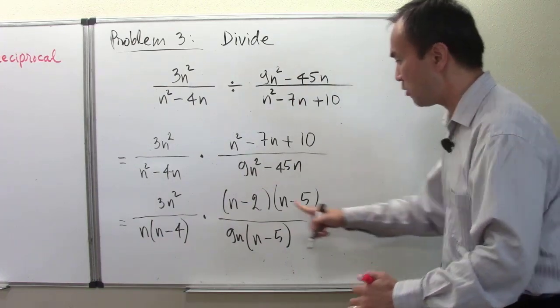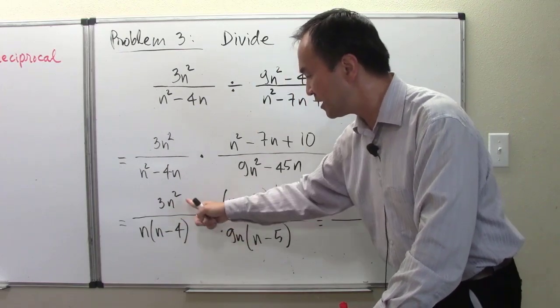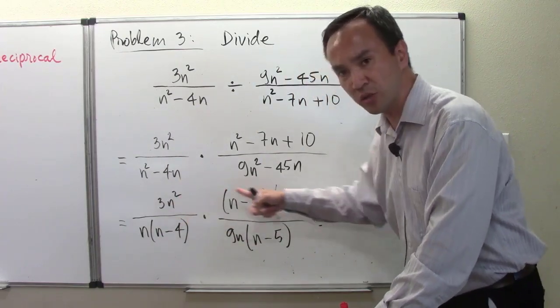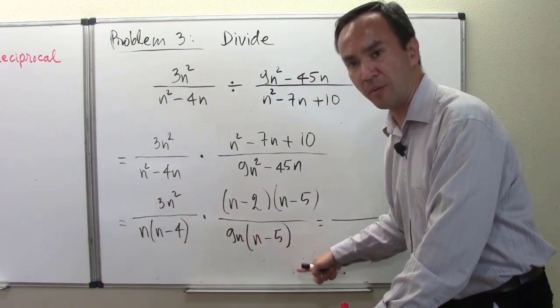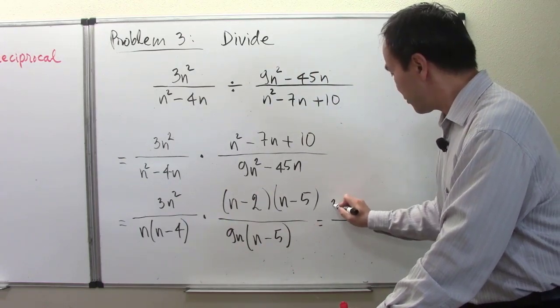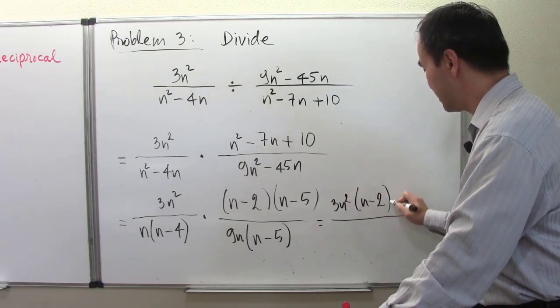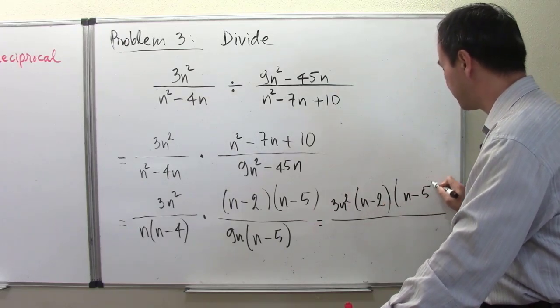Multiplying any two rational expressions simply means we're going to multiply numerators with numerators and denominators with denominators. So the final numerator is going to look as follows: 3n squared times n minus 2 times n minus 5.